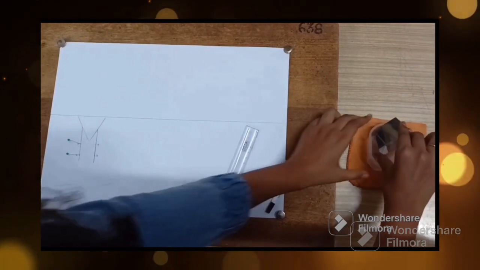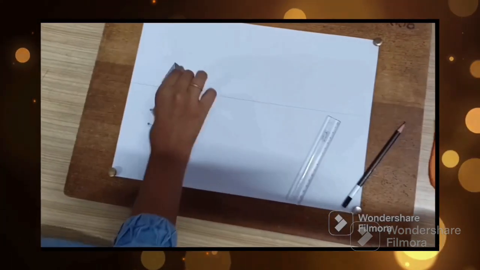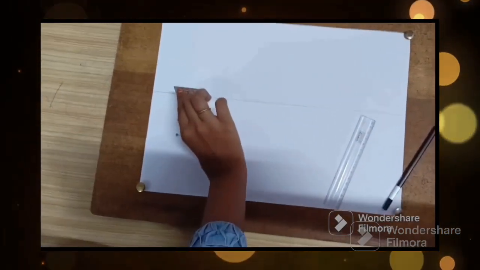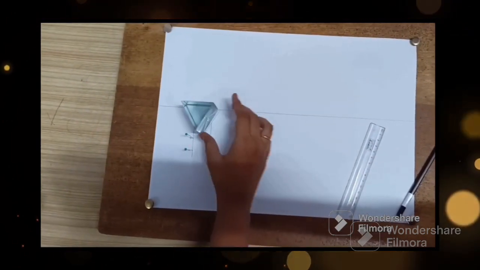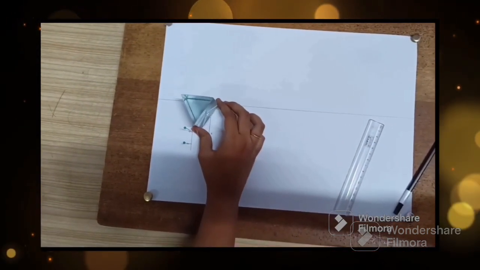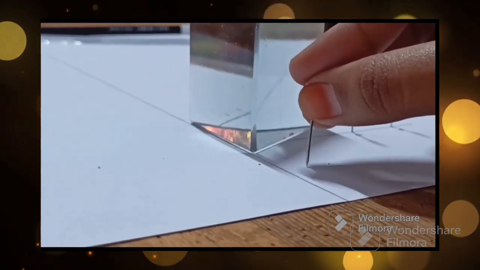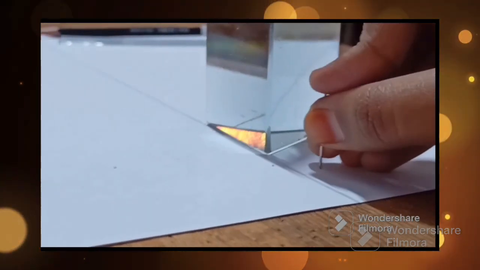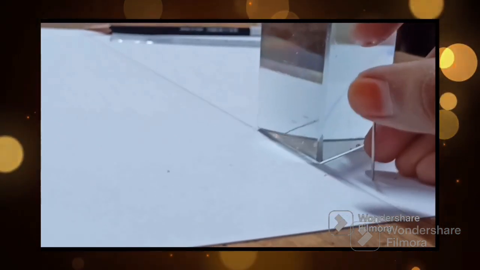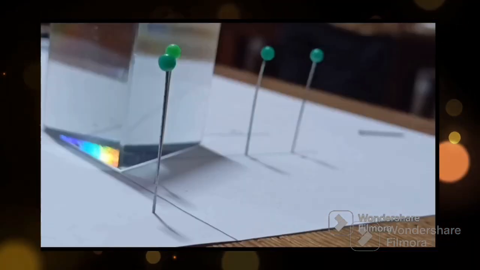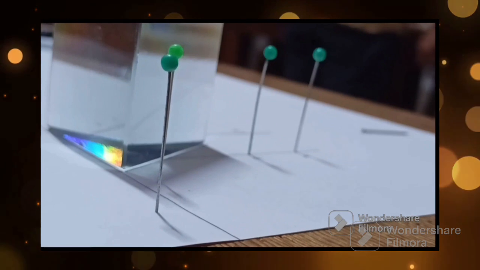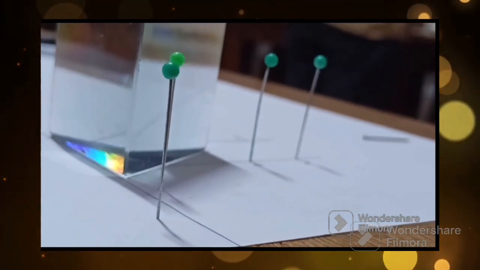Let's place the pins first on P and Q and find their reflection. So PQ will be our incident ray, and let's place the prism and check the reflection. So here is our reflection, we can clearly see.